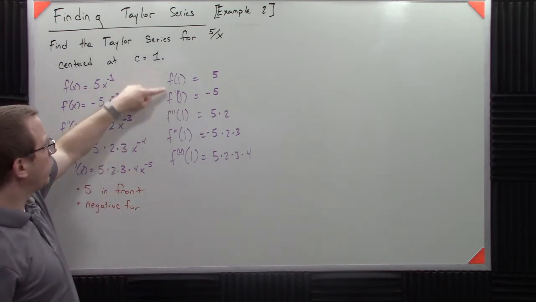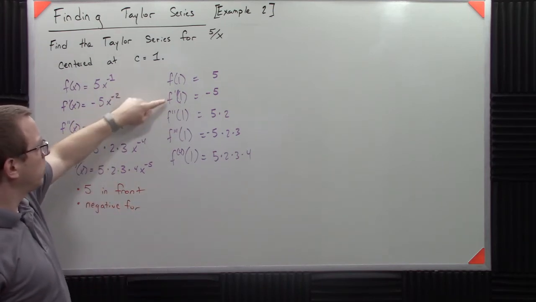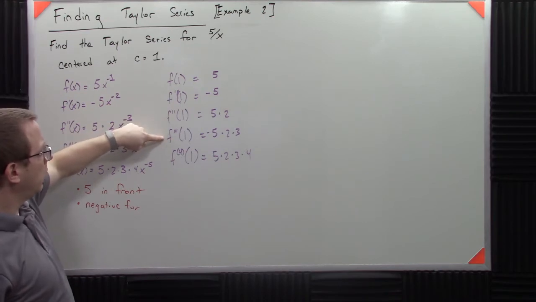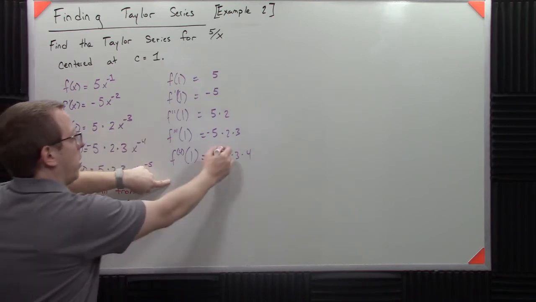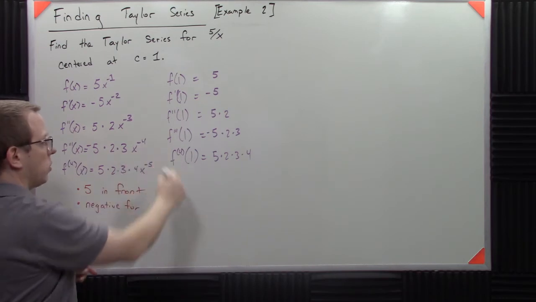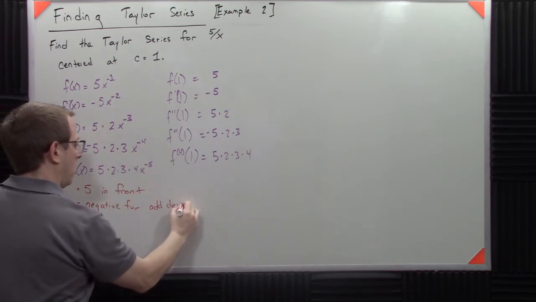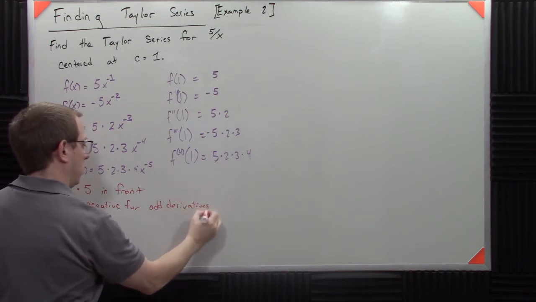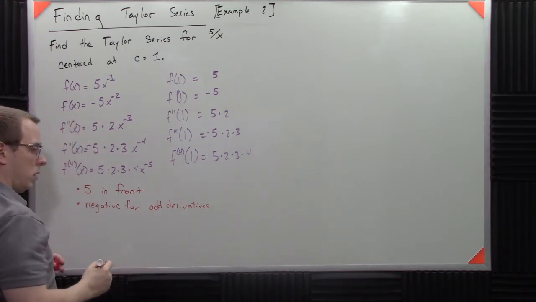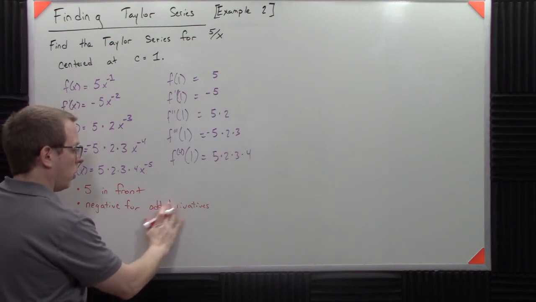It's negative for the first, the third, and it looks like the fifth derivative. Each time I'm going to swap. So it's negative for odd derivatives, just odd terms.